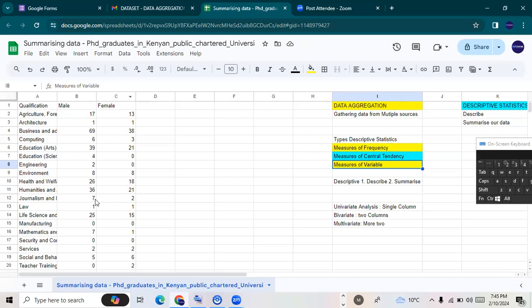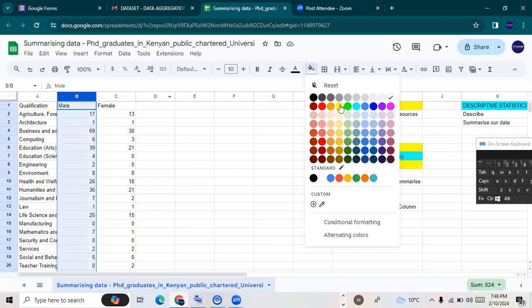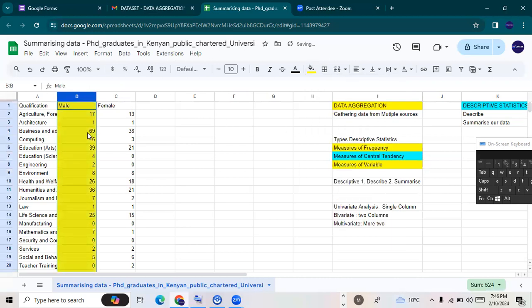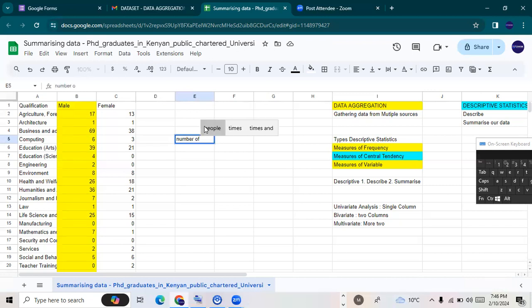Using these columns as an example, if we pick column B, the male column, and want to establish measures of frequency, we are going to look at the number of times a particular value repeats itself.